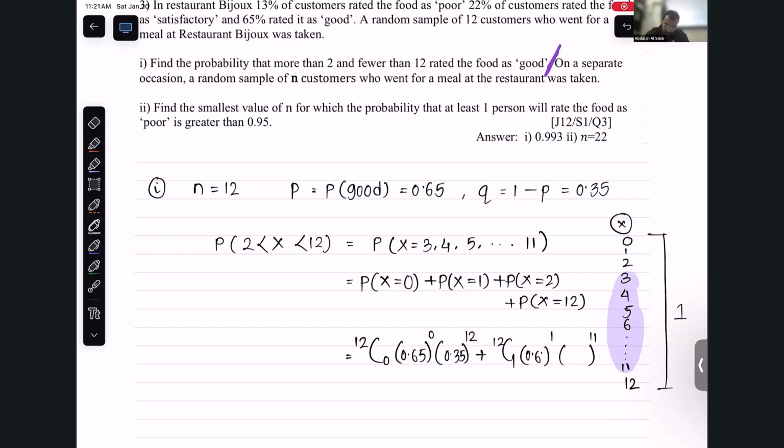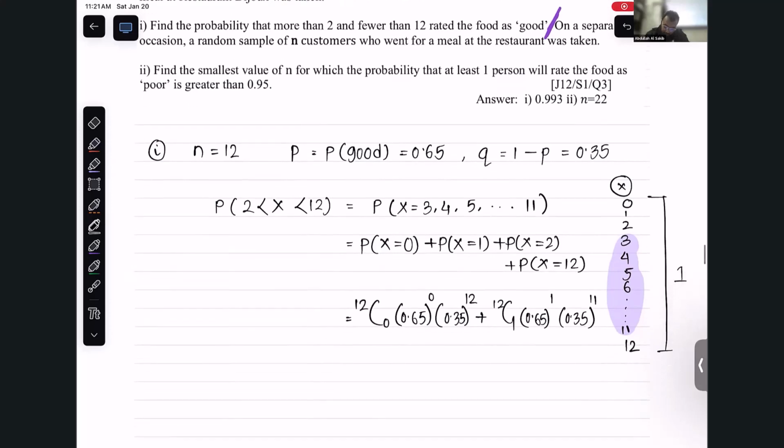So 0.65 times 0.35. Next, out of 12, it will be 2, it will be 10. And out of 12, it will be 12 customers. So 0.65, 0.35.